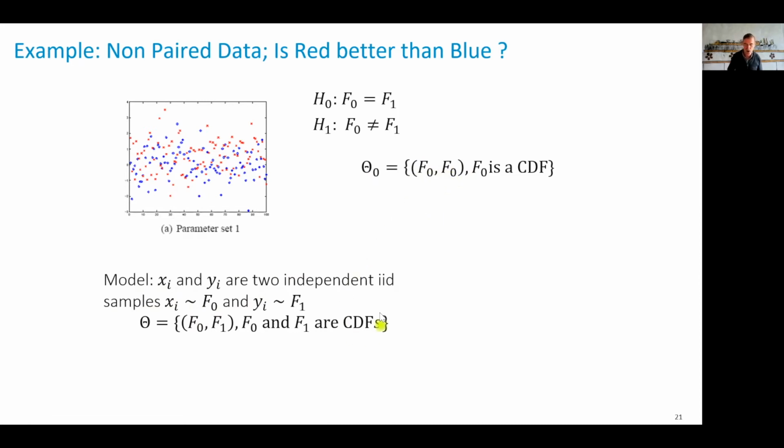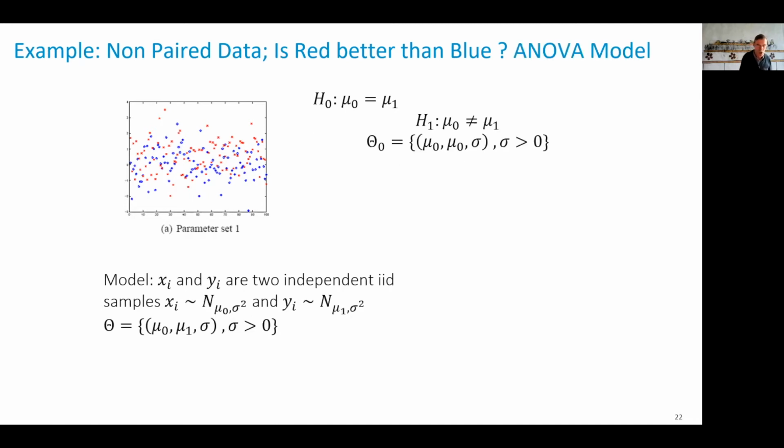Of course, the set of distributions lives in an infinite dimensional space, which is not so easy to handle. If I assume that the distributions live in a space of finite dimension, then the dimension of theta is twice the dimension of theta 0. Most of the time, what is done is fairly simplistic assumptions about the distributions.